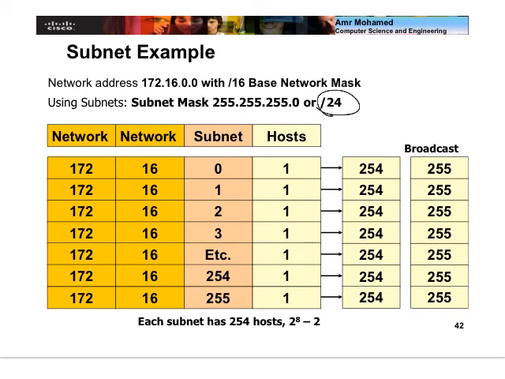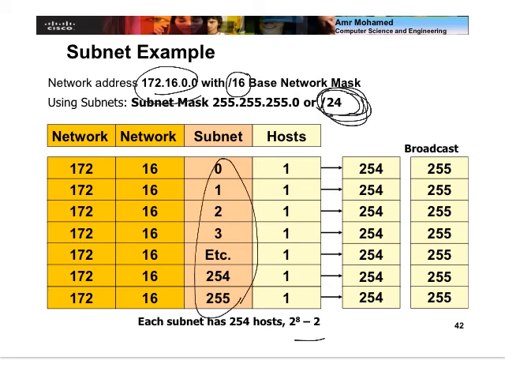It's /24. So now from a /16 network, I will break it down into 256 different subnets, each subnet a /24. This way I can have up to 256 subnetworks.